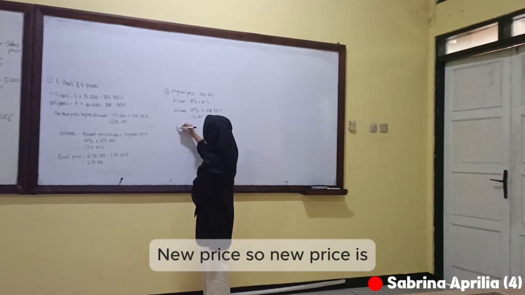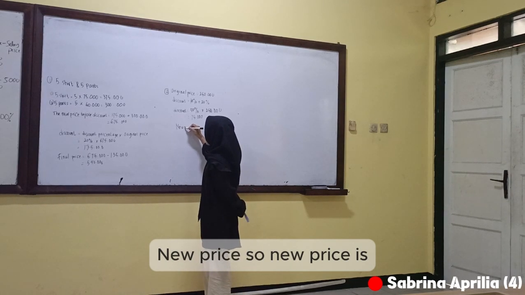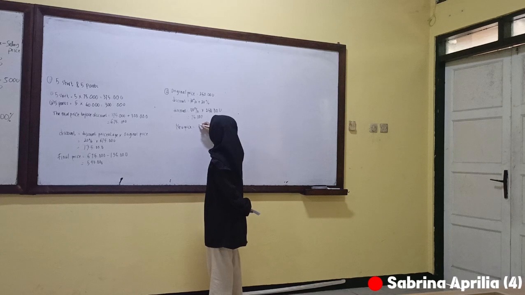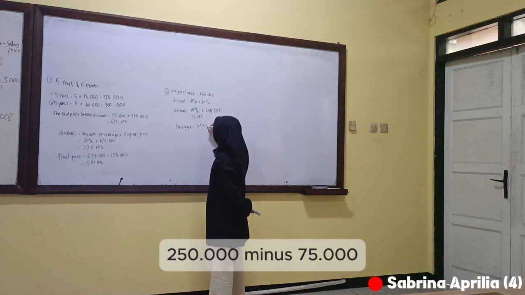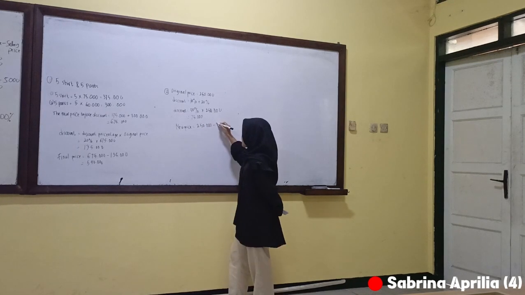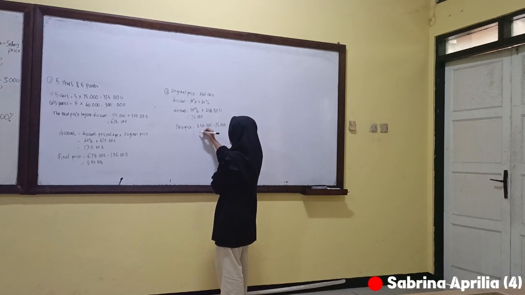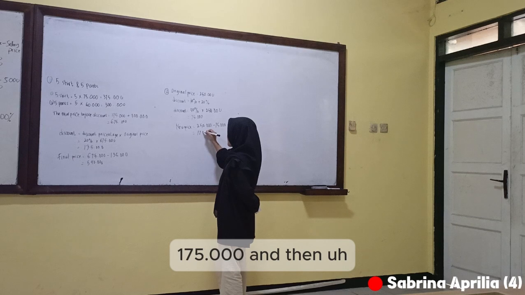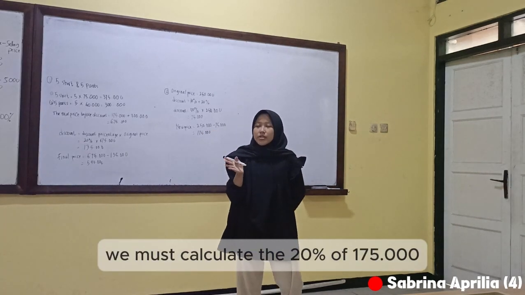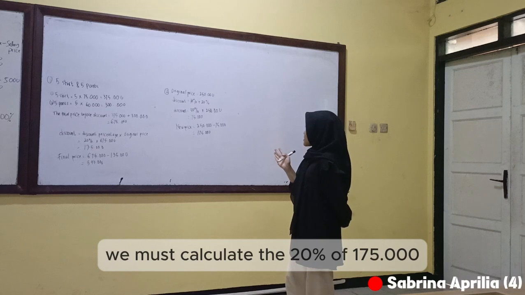New price. New price is 250,000 rupiah minus 75,000 rupiah is equal to 175,000 rupiah.